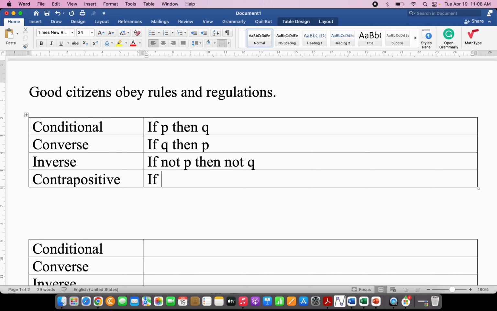That means if not Q, then not P. Are you following? Naiintindihan? Yes po, sir. Okay.